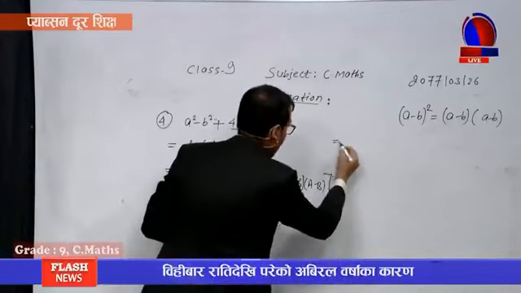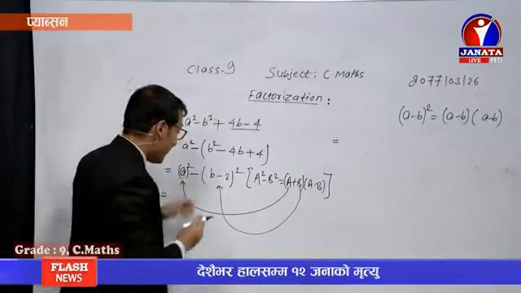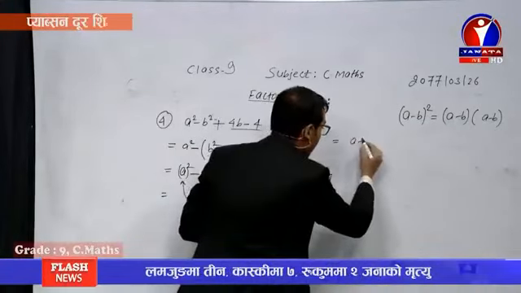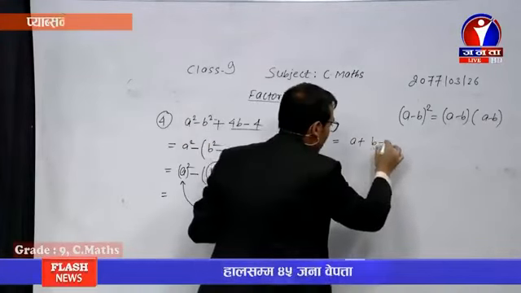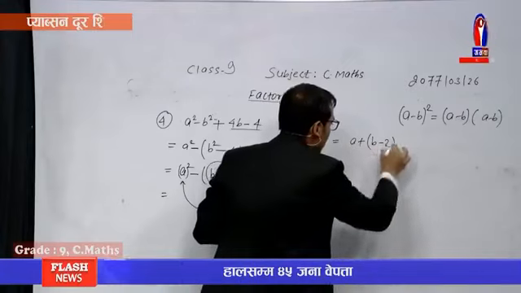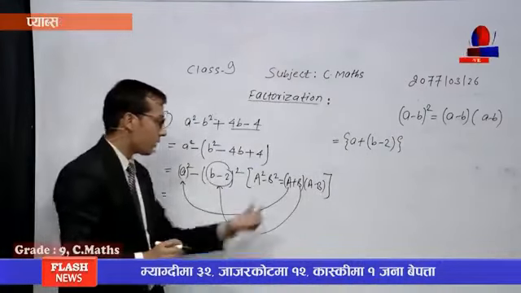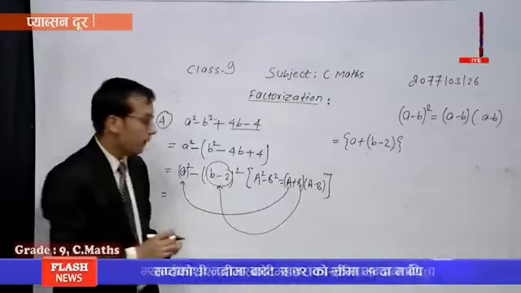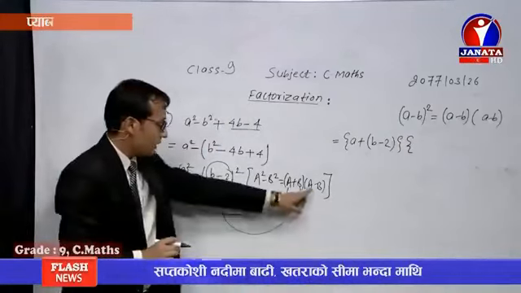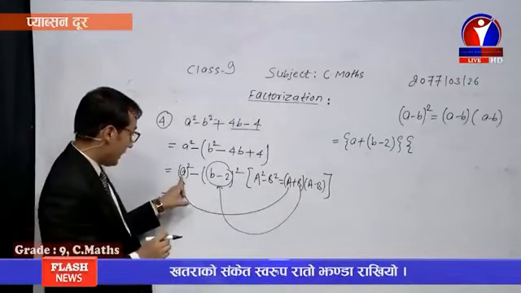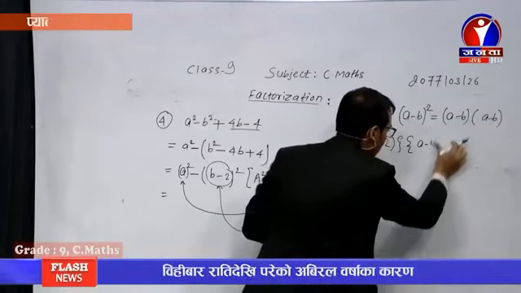Okay, so this is a plus b. So what is a? Small a, plus what is b? B is here b minus 2. So a plus b minus 2, we can write this in curly bracket. This is the first factor, a plus b. Similarly, the second factor is a minus b. So a is small a minus what is b?